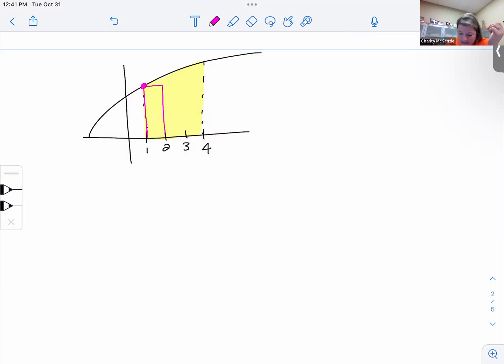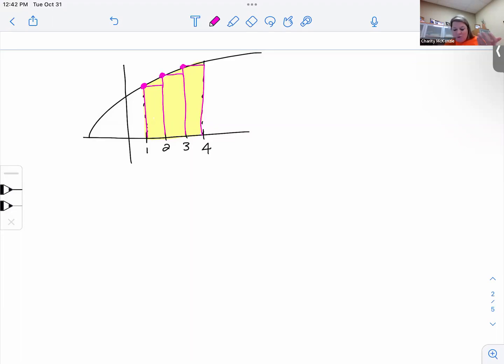At 2, I'm going to go up, hit the graph, and go over. At 3, I'm going to go up, hit the graph, and come over at 4 like that. Look at my 3 rectangles. I could easily find the area of those rectangles and add them up.